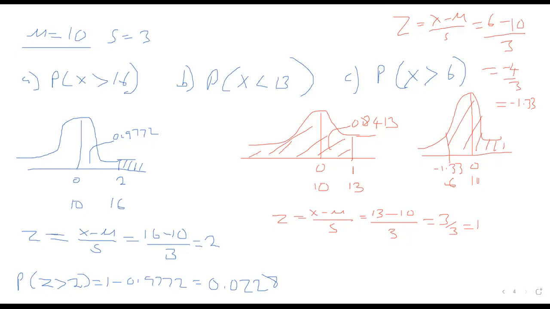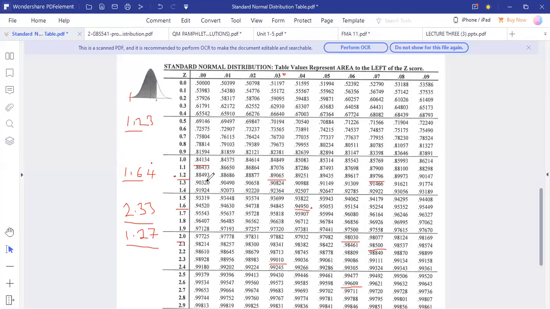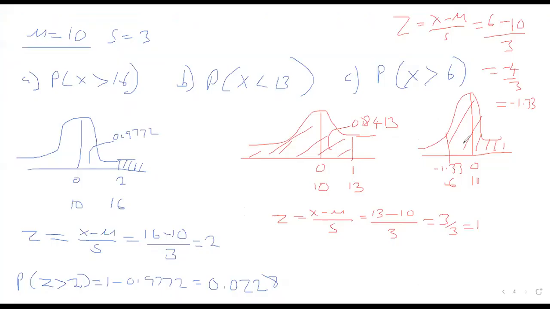When you go to this table here, what is the reading for 1.33? 0.9082. So you can simply say this is 0.9082, because we've read directly from this table here.